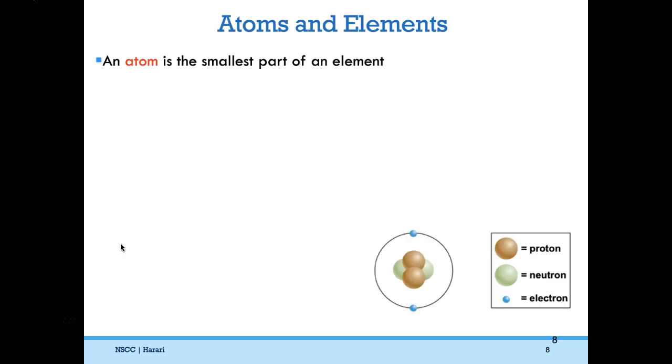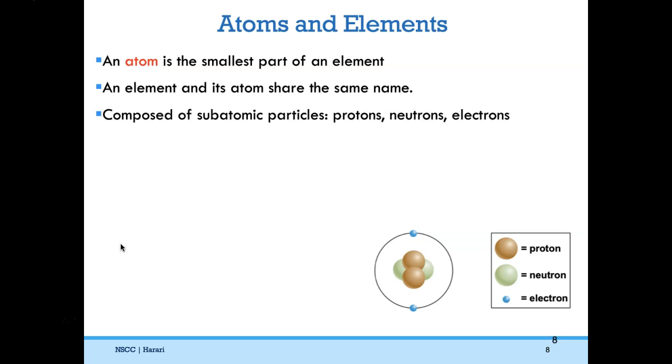So an atom is the smallest part of an element. An element and an atom of that element share the same name. For example, a carbon atom is the smallest part of the element carbon. Atoms are composed of subatomic particles. Subatomic means beneath or less than atomic.